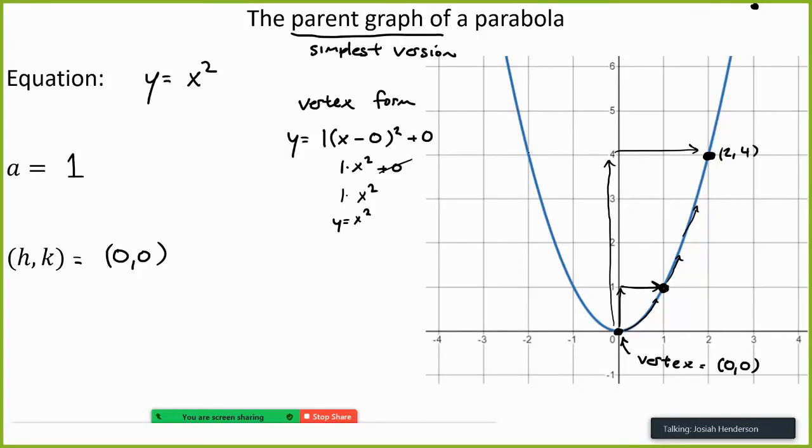And then you could use symmetry on the other side, here and here. So here's our approach to translate or move the parent graph for other parabolas.